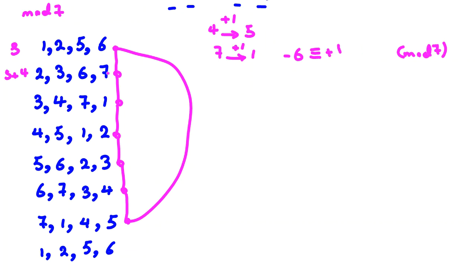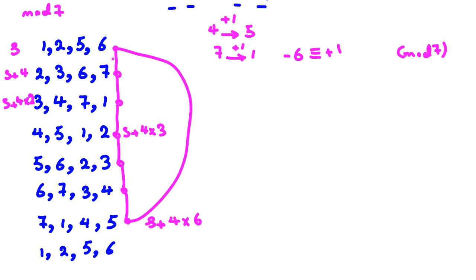So we will see in all cases, if we consider mod 7, each element will be added by 1. So if we consider mod 7, it will be S plus 4 times 2. Here, let's write S plus 4 times 3. And the last part is S plus 4 times 6.